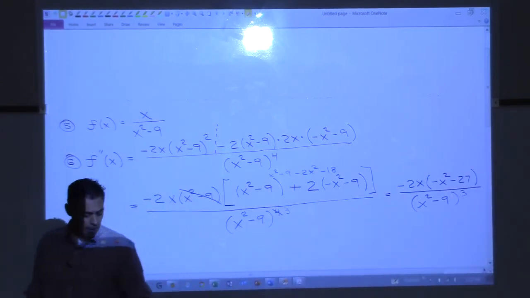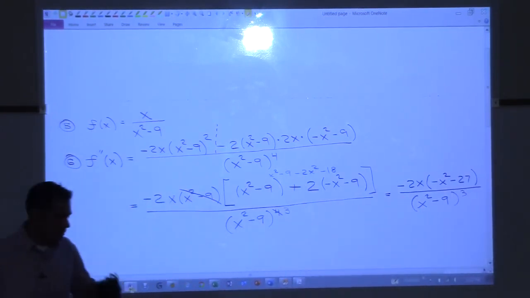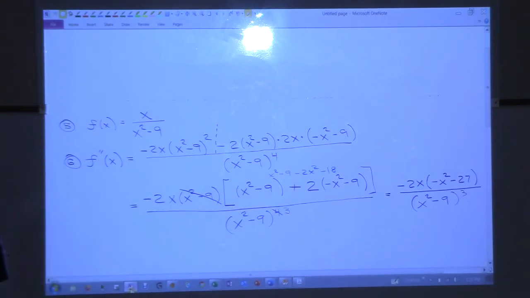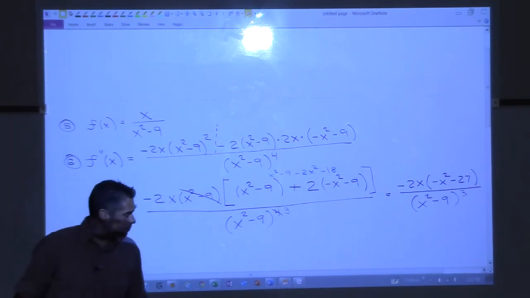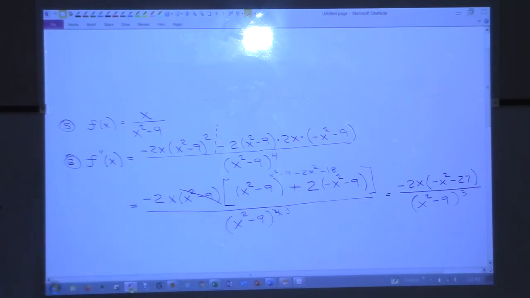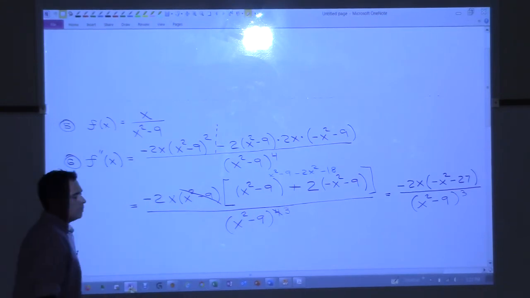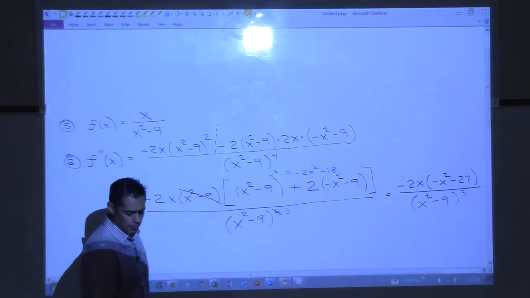Yes? Oh, so we're eventually going to set this to zero and does not exist, yes. So would it be all right to simplify it like that? Would it interfere when we set it to does not exist, so it would have to be a number over 0?